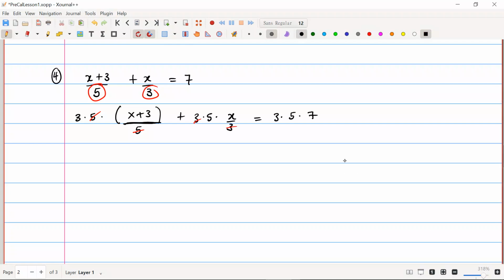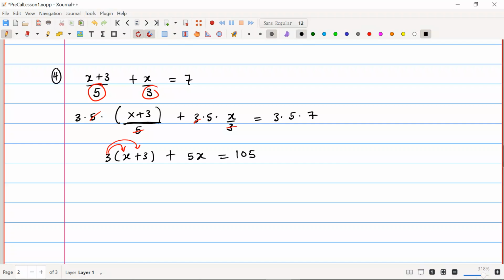So I'm going to have 3 times (x plus 3) plus 5 times x equals 3 times 5, which is 15, times 7, and that is 105. Okay, so when you FOIL this one out, or when you distribute this, 3 will go here and then we'll multiply that as well.